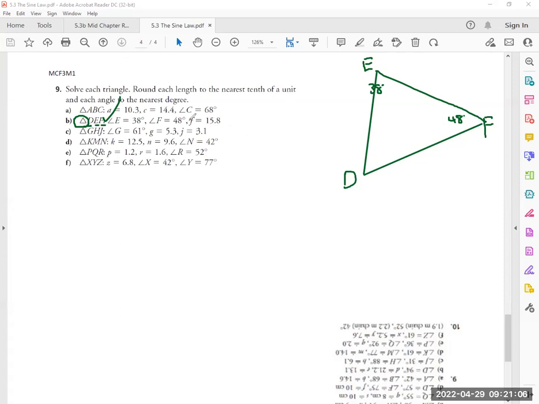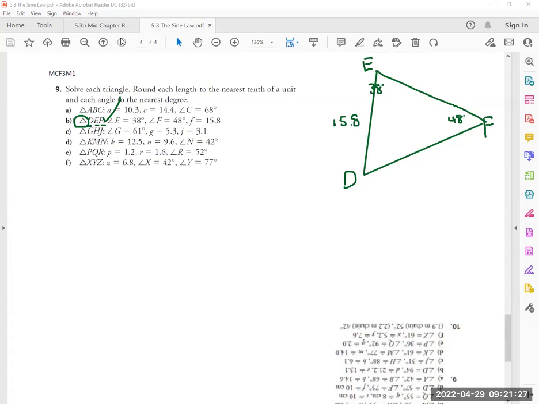From there, little f is 15.8. In other words, the furthest side from capital F. Why is that important? Well, it's a skill, or a certain knowledge, that mathematicians will take for granted.